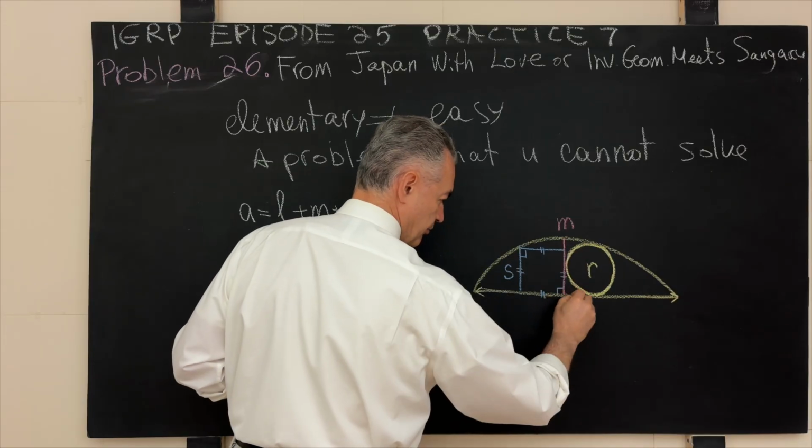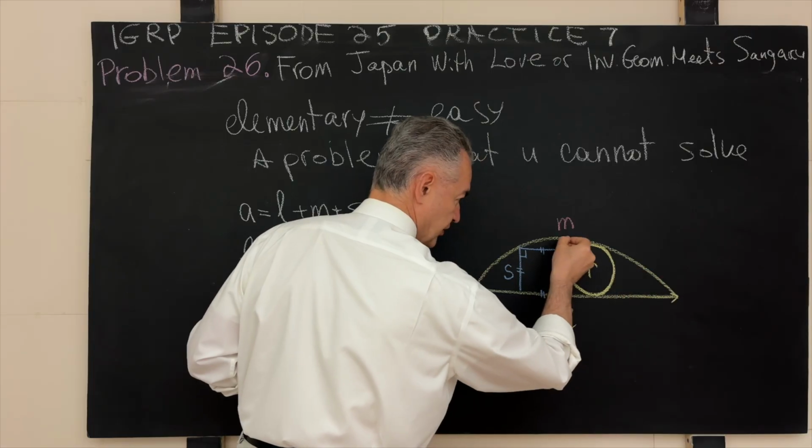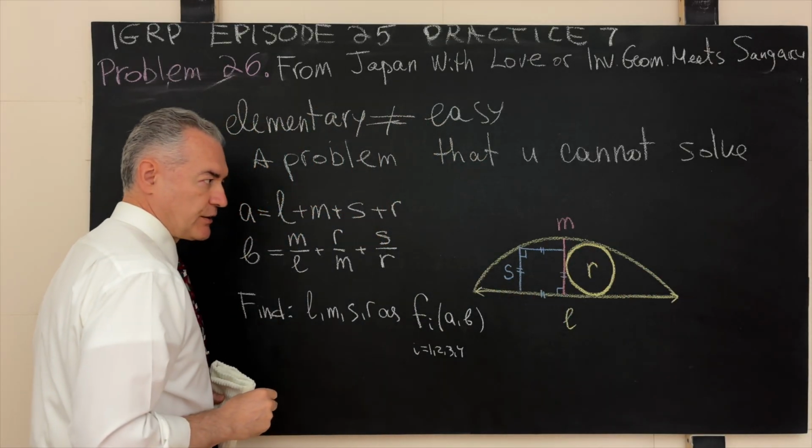The two sides are perpendicular, but the hypotenuse, if you will, is curved, a circular arc.